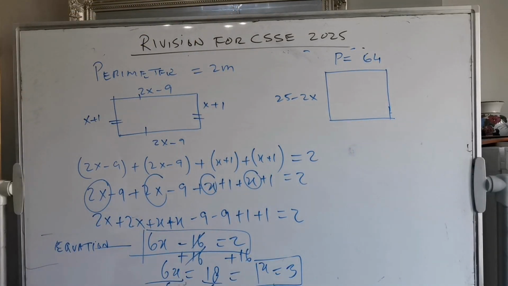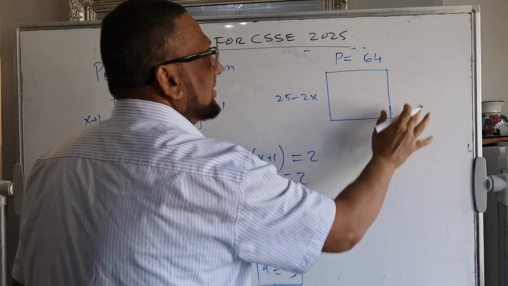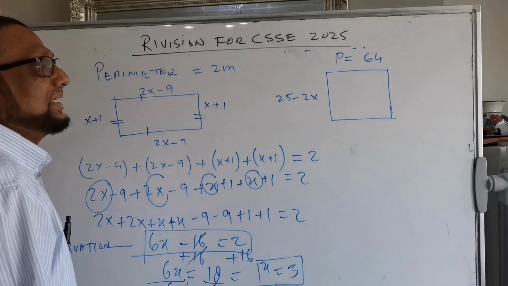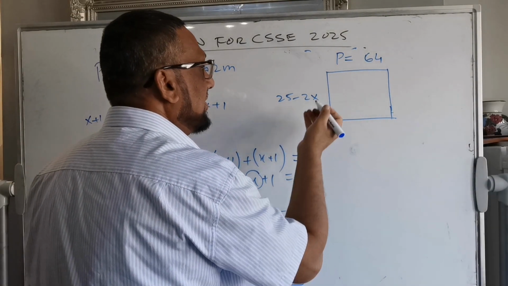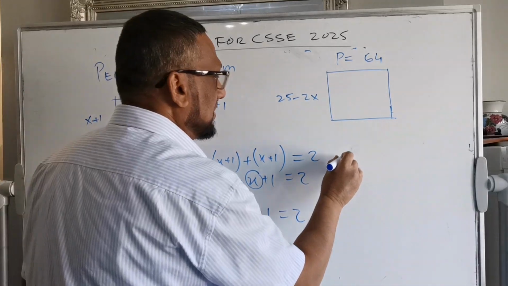Don't be confused. A square has all sides equal to each other, so it means 25 minus 2x you need to times by 4. Very simple.